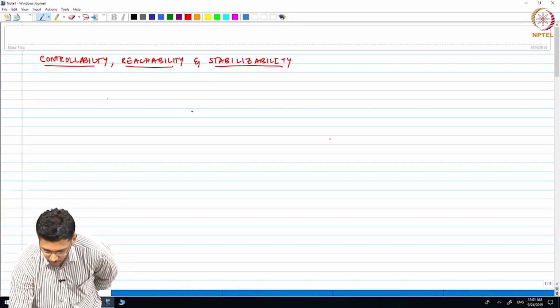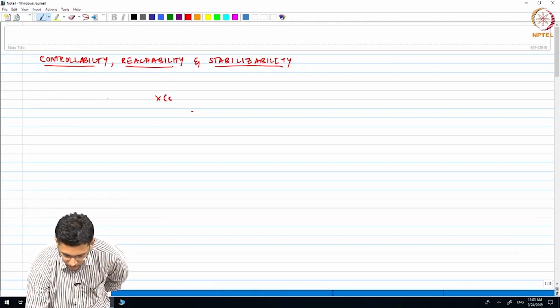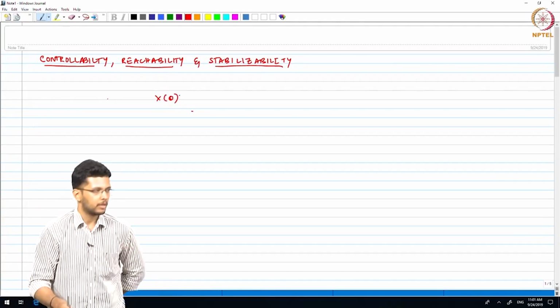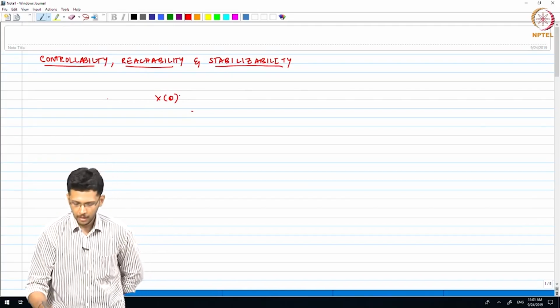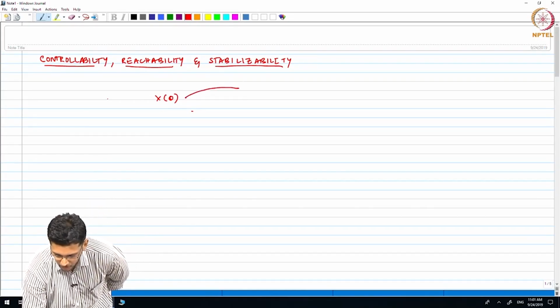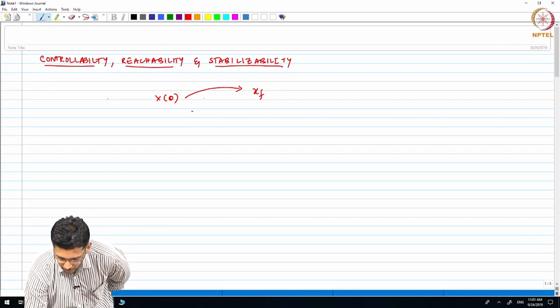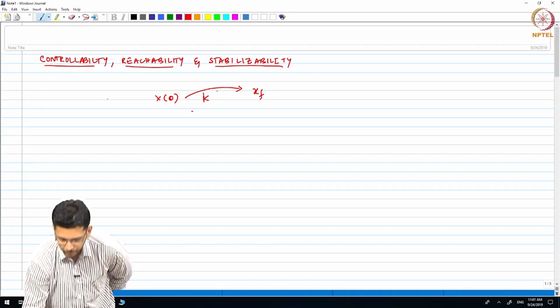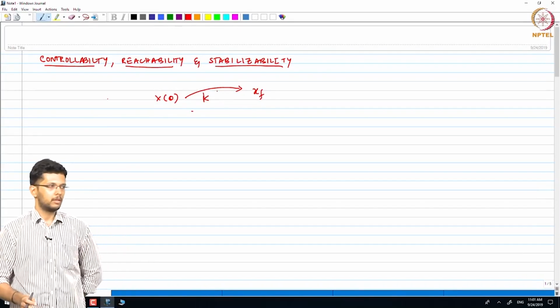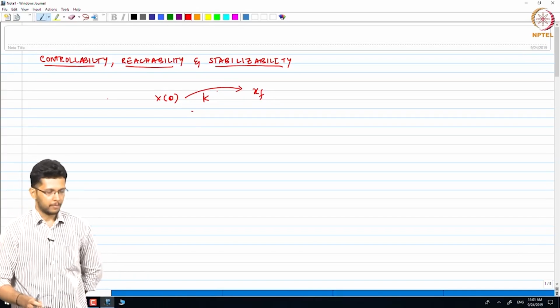So you have some initial state x naught, which is not necessarily the origin, and then you want to take your system to some final state xf in fixed time instance k. Then this concept is known as the reachability concept.